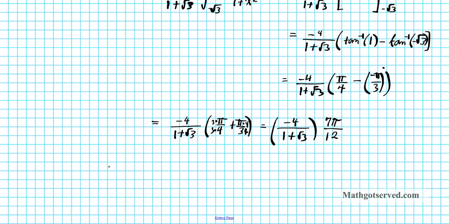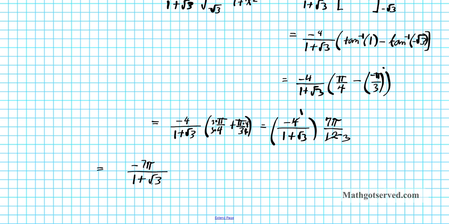So let's simplify this a little bit further. 4 goes into 4 once, and 4 goes into 12 three times, and you're going to have negative 7 pi divided by 1 plus root 3 times 3. Let's simplify the denominator here, since we can't have a radical in the denominator.